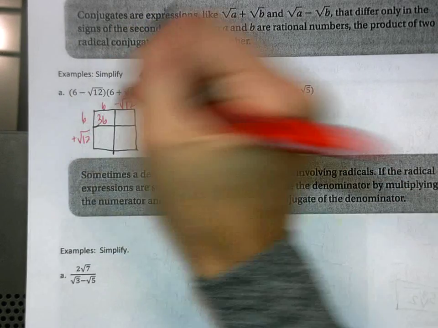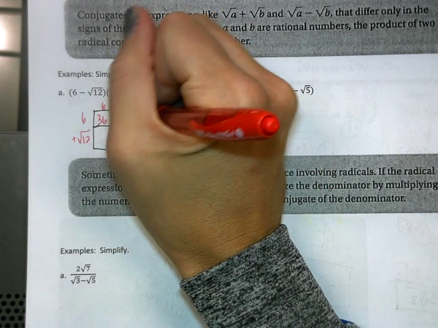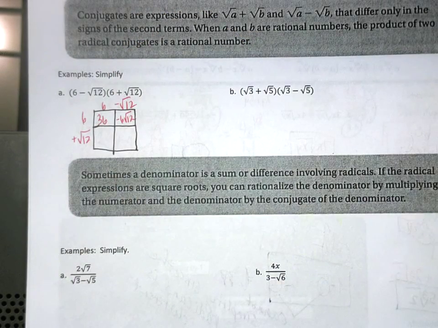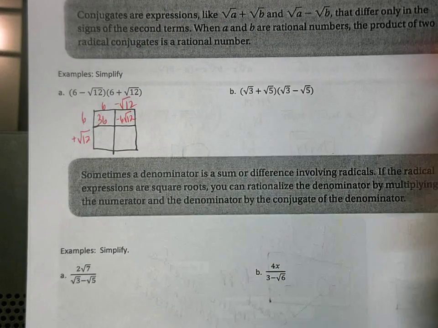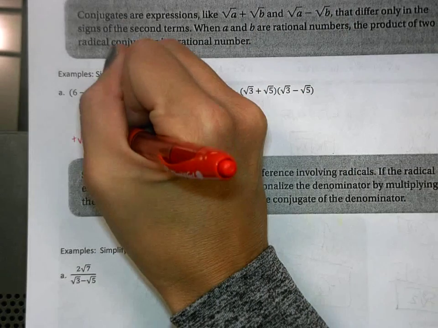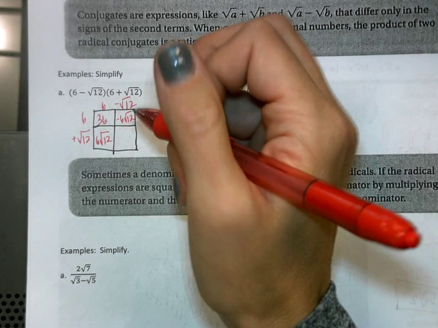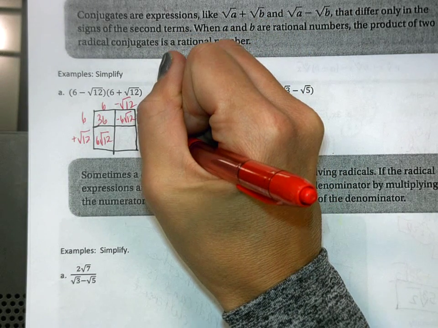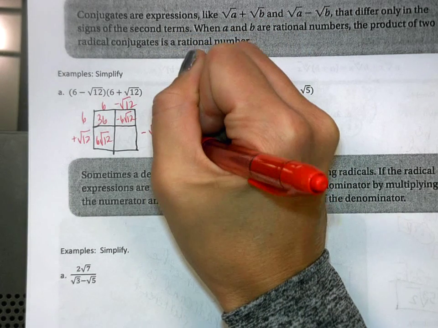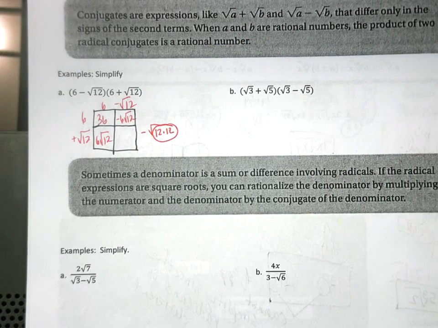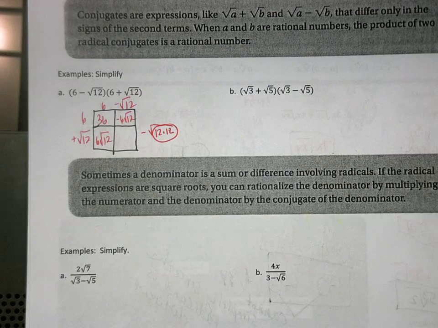And then 6 times negative root 12 is negative 6 root 12. And then 6 times positive root 12 is 6 root 12. Good. And then when I do positive root 12 times negative root 12, I'm going to have a negative root 12 times 12, which gives me a negative 12. Very good.